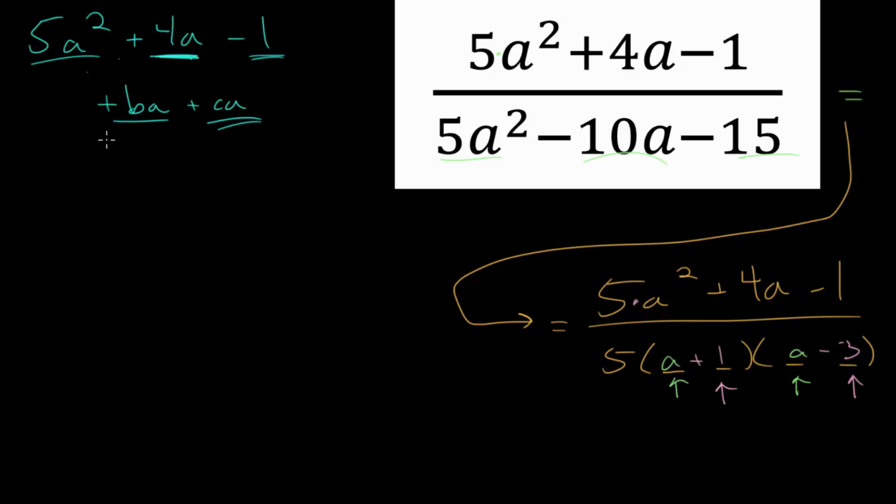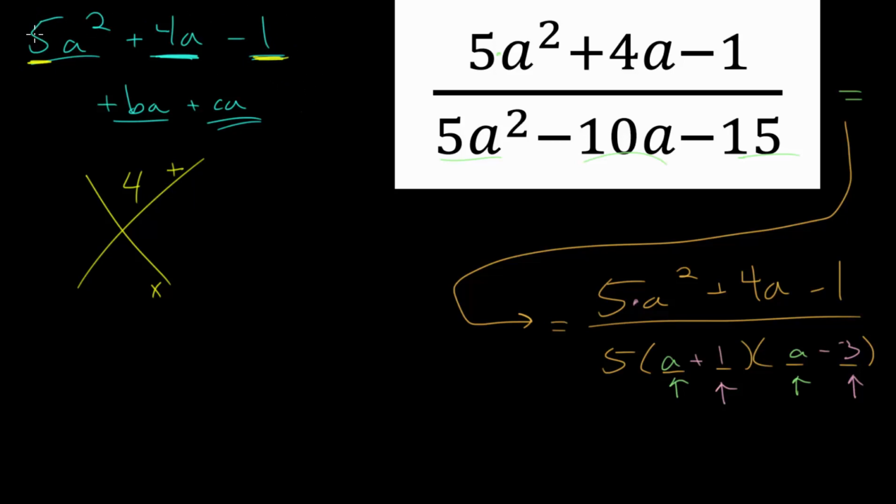Now, how to decide what to break this up into so that it actually works? Usually we'll make a little cross here. We know that they have to add to 4, and these two numbers B and C have to multiply to the coefficient on the highest power term multiplied by the constant term.